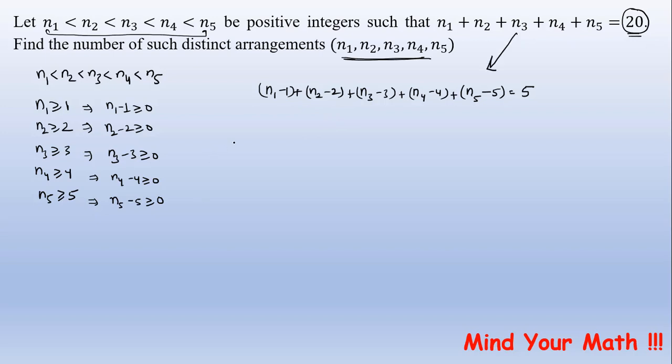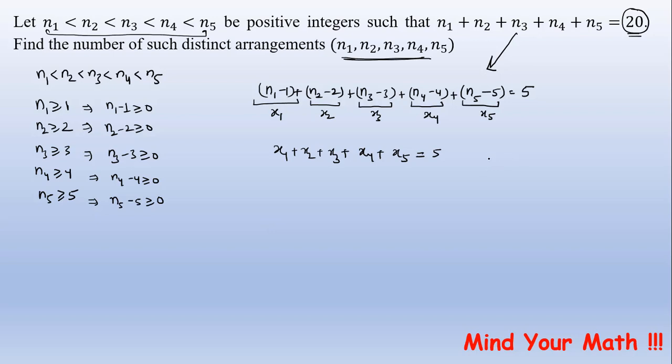Now why have we written it like this? Because now you can see if this variable is, let's say, x1, this is x2, this is x3 and so on, we effectively have an equation x1 plus x2 plus x3 plus x4 plus x5 is equal to 5.